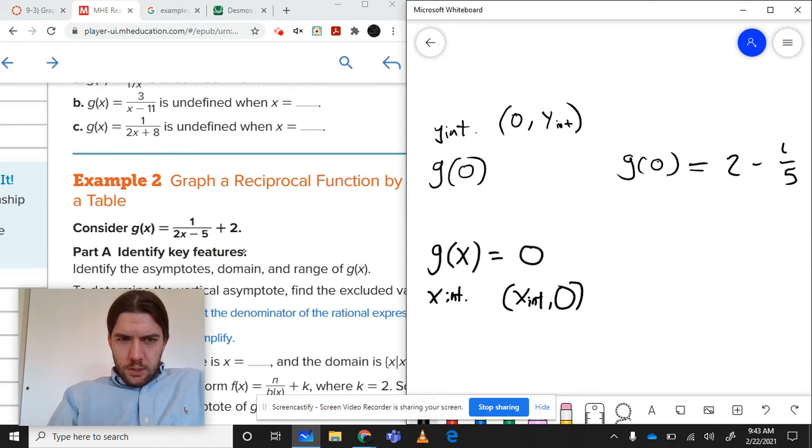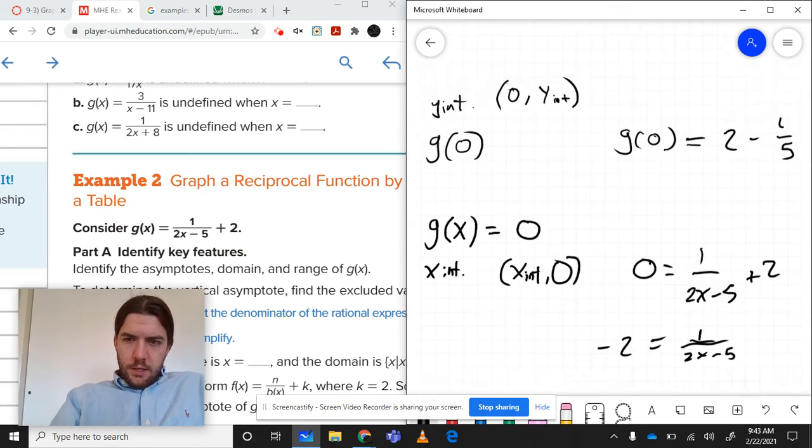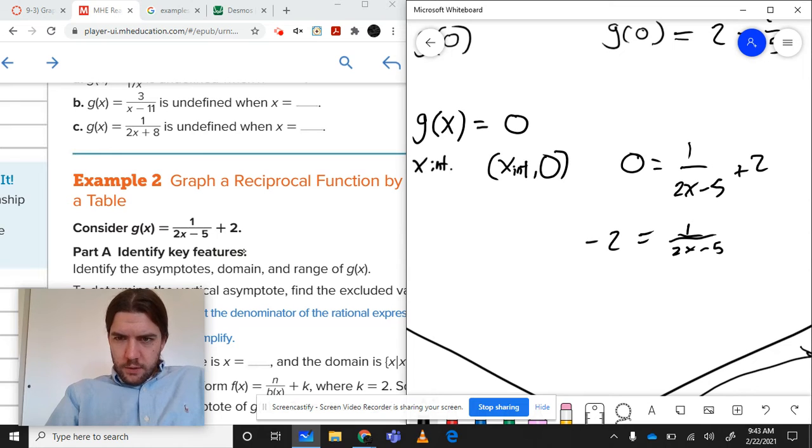If we want the whole function to equal 0, then we're going to have 0 equaling 1 over 2x minus 5, plus 2. We're going to subtract the 2 on both sides. We're going to multiply by that denominator and then distribute once we've done that.